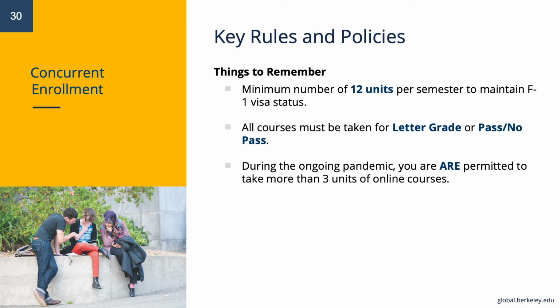The course in which you are enrolled must be taken for either a letter grade or pass, no pass. You might be wondering, what is pass, no pass? So let me briefly explain. Pass, no pass is a grading option that allows you to take a class without necessarily focusing too much on the grade.